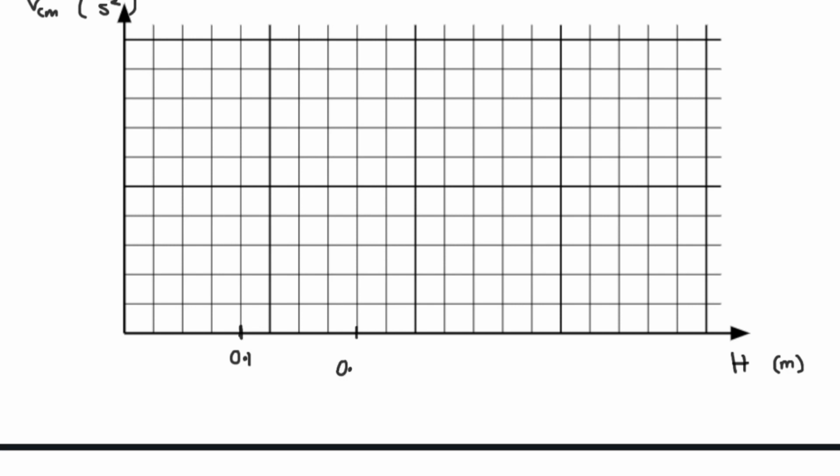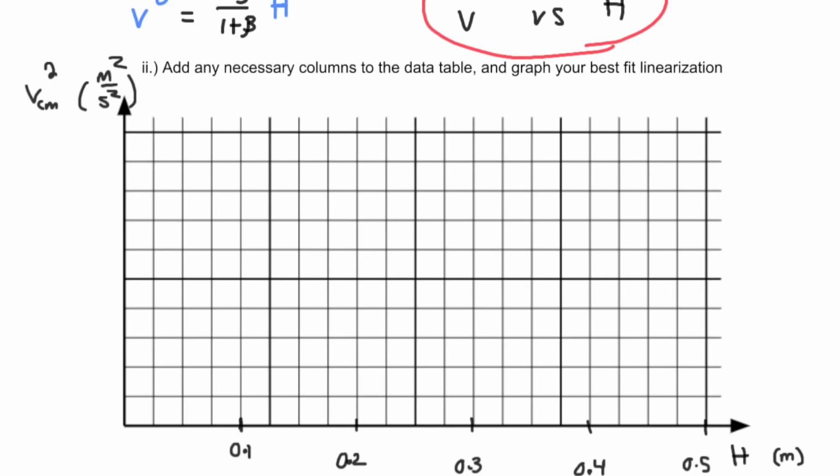I can make this 0.2, 0.3, 0.4, and 0.5. Then for the v's, I'll use less of the grid here, but I can just count by ones. So this would be 1, 2, 3, 4, 5, 6, 7.